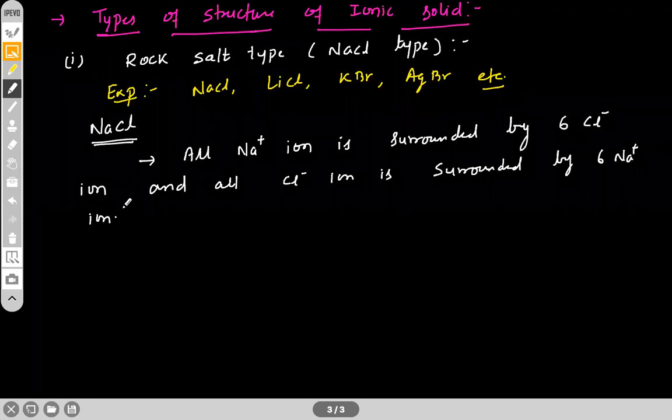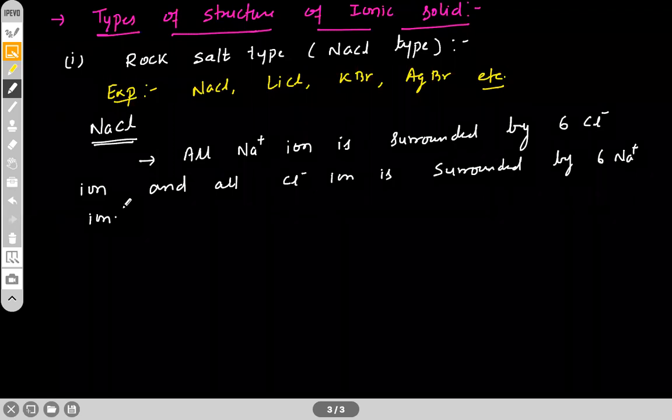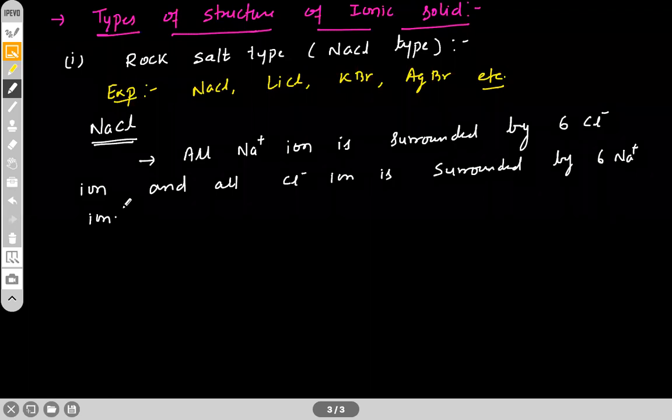So one Na plus is surrounded by 6 Cl minus, and one Cl minus is also surrounded by 6 Na plus.